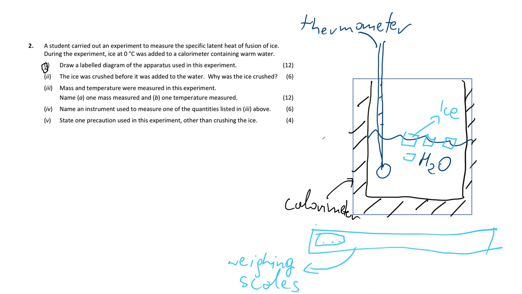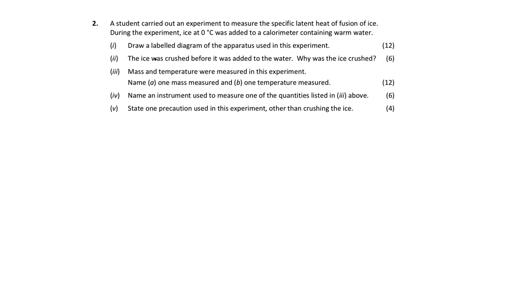Next part of this question, we're told that the ice was crushed before it was added to the water. Why was the ice crushed? The answer to this question needs to include reference to the surface area.